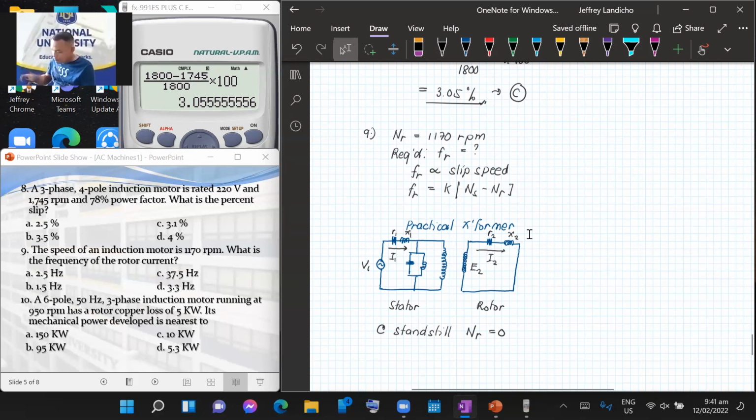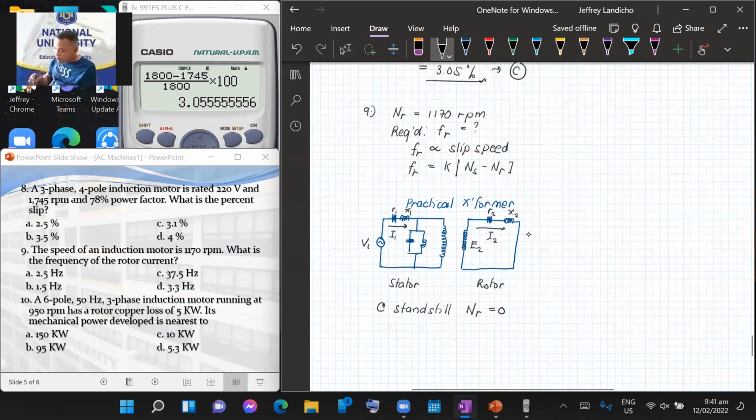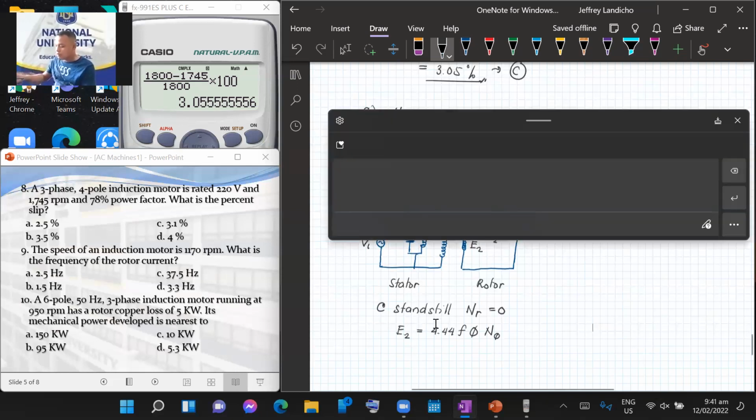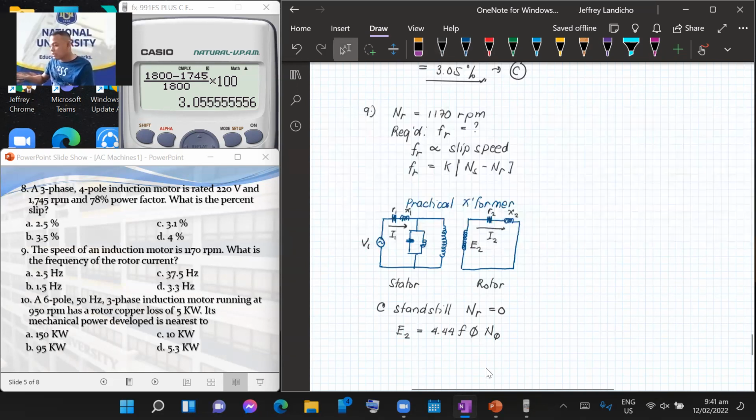So therefore, pag kinuha natin yung rotor voltage, ano equation do sa ating transformer? Diba? 4.44 frequency, flux, and the number of turns. Alam natin, 4.44 is constant. Let us consider flux is constant. At number of turns, it is just simply constant. So lumalabas, the rotor voltage is the rotor voltage at standstill.